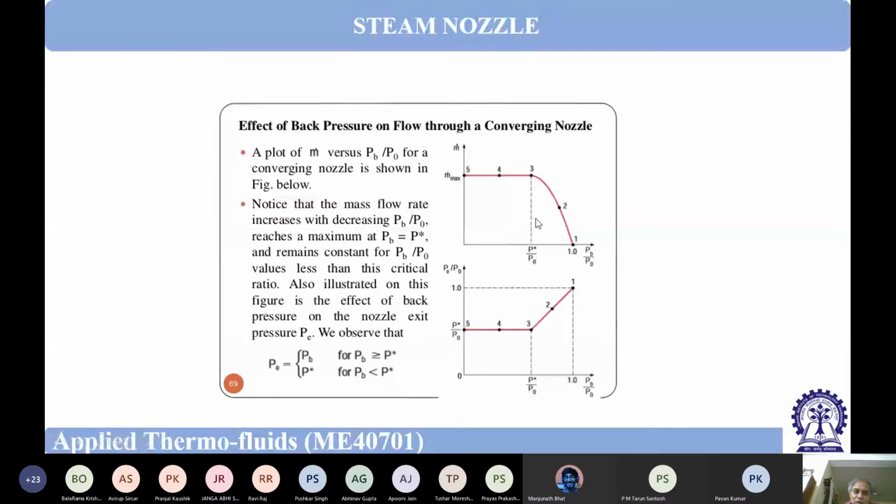After that, if I go on reducing the back pressure, even up to 0 pressure, there will not be any change in the mass flow rate.